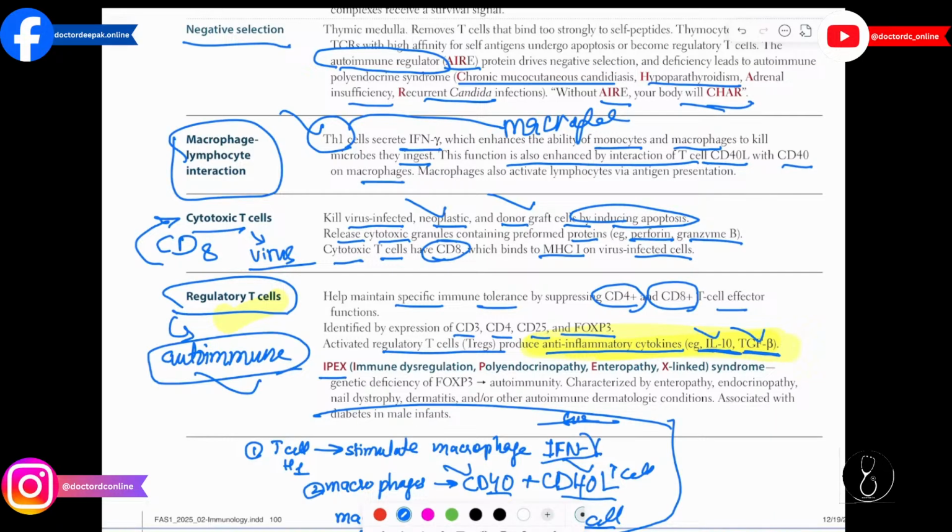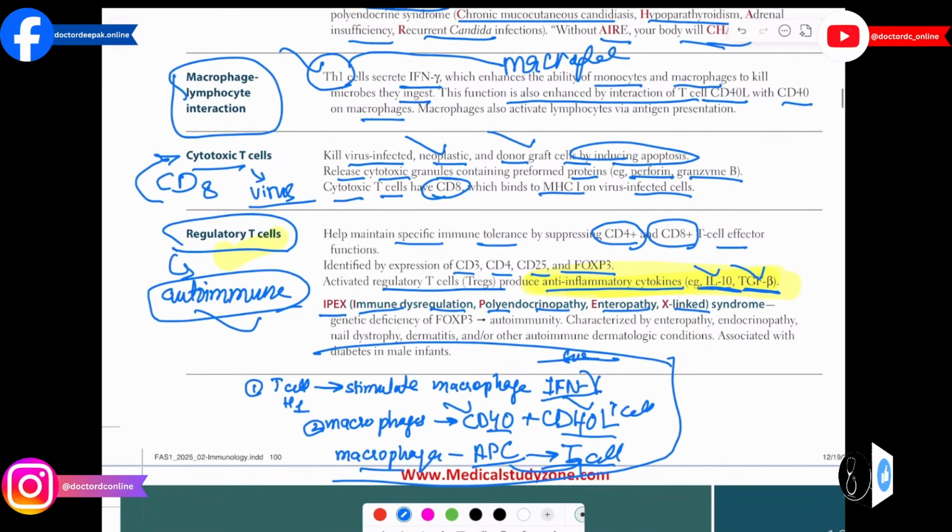The IPEX, the immune dysregulation, polyendocrinopathy, enteropathy, X-linked syndrome, is a genetic deficiency of FOXP3. You guys want to know the FOXP3? It's an expression used for the identification of regulatory T cells, and with its deficiency they will be at high risk.